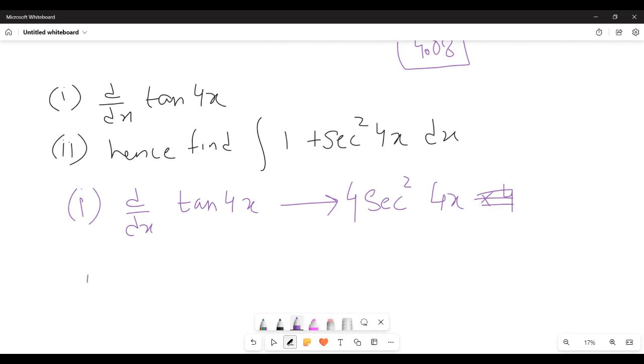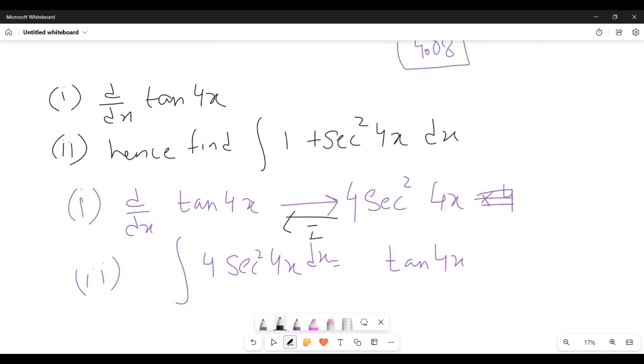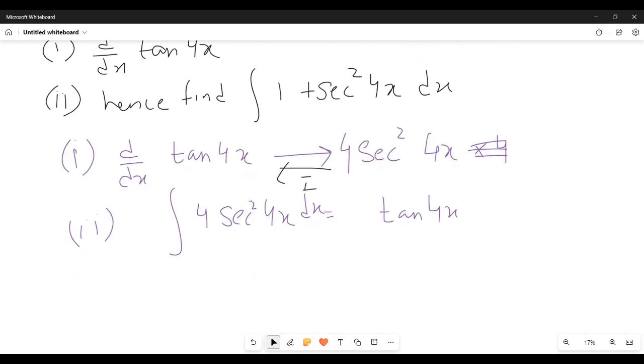Part 2 says hence find the integration of 1 plus sec^2 4x. The first thing I know is that if I integrate 4 sec^2 4x, I should get tan 4x. That is what I know from part 1. So if we take this in reverse and integrate it, the original answer will come, tan 4x.